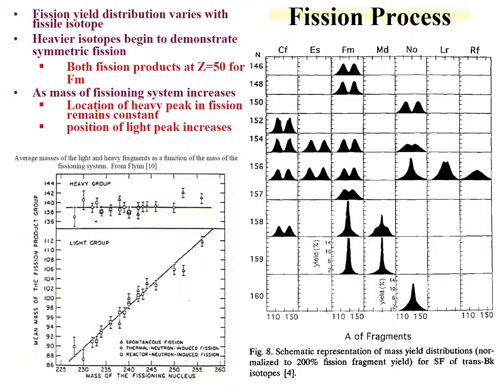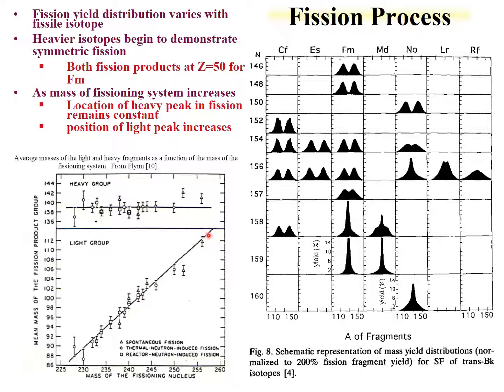As we've already seen for uranium-233, uranium-235, and plutonium-239, the fission yield distribution actually varies with the fissile isotope. With the previous isotopes we mentioned, the uranium and plutonium isotopes, that variation in the fission yield distribution was rather small. But we can imagine, as what's shown here, as I start to increase the mass of the fissioning nucleus, the heavy curve remains constant and the light continues to increase.